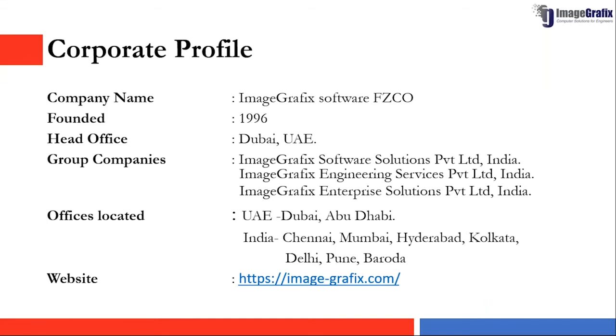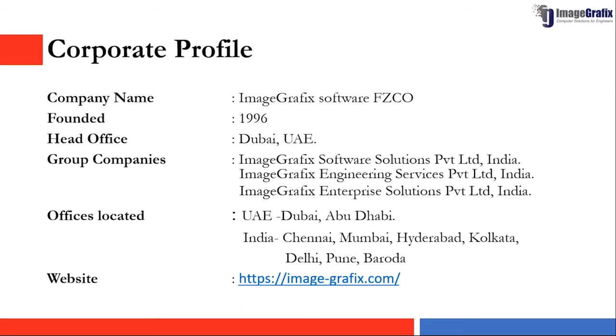Okay. So, let me start the presentation, starting with the corporate profile of Image Graphics. We are a software solution providing company. We deal with applications and software, mostly related to enterprise solutions, as well as products which help you from your concept till the handing over. We started in 1996. We are a Dubai-based company. Apart from the UAE, we have offices in India as well as in Canada.